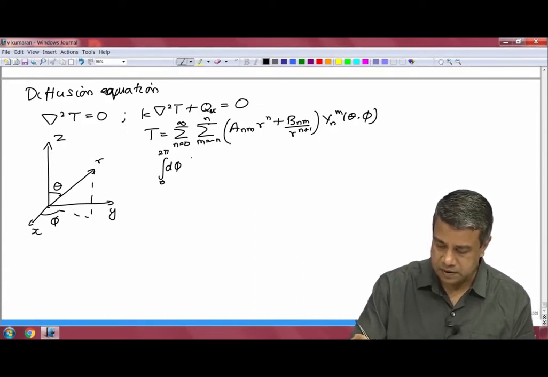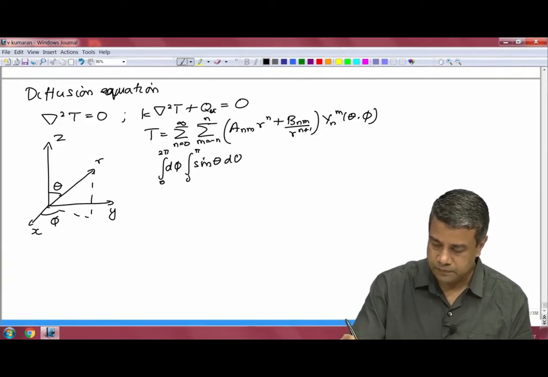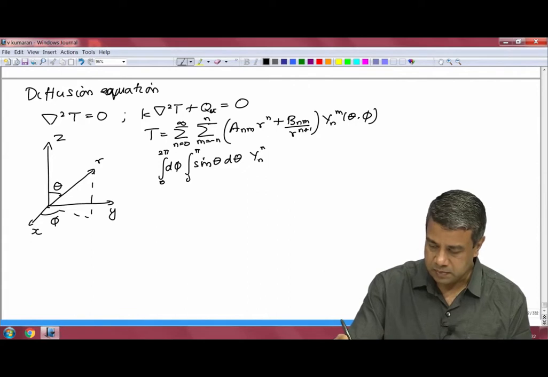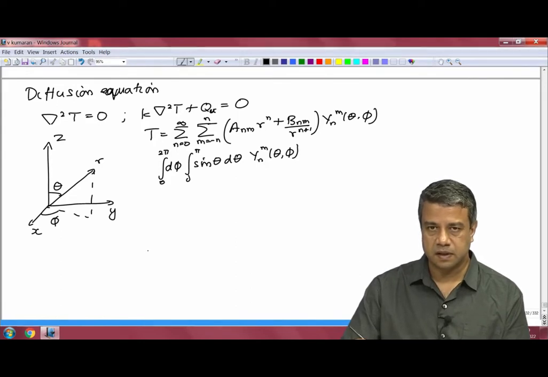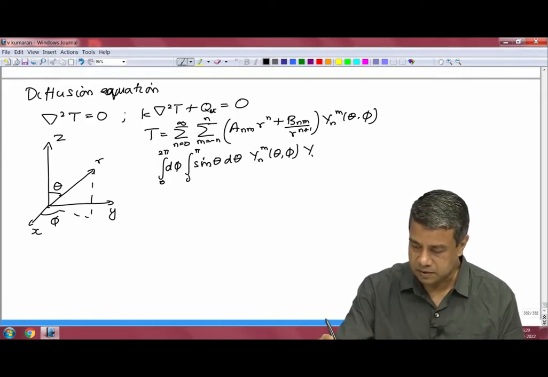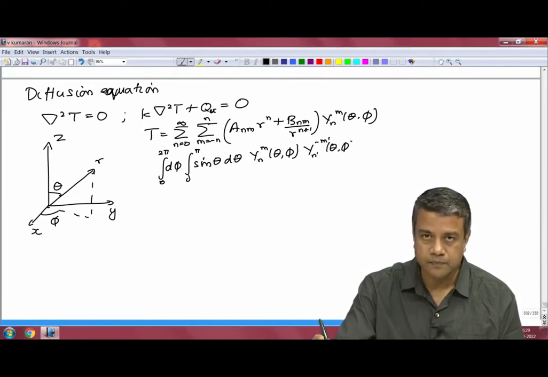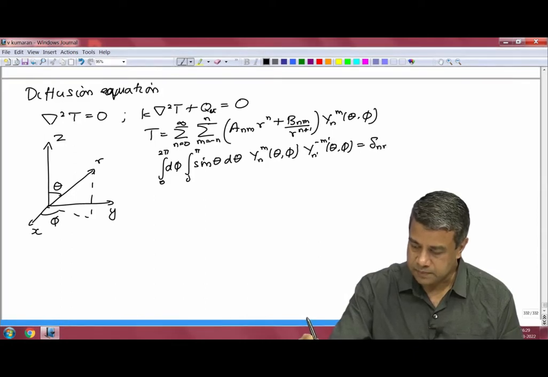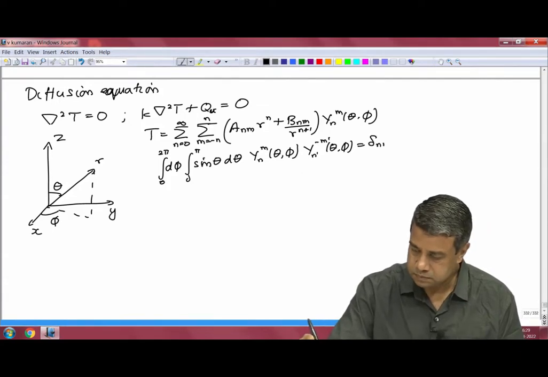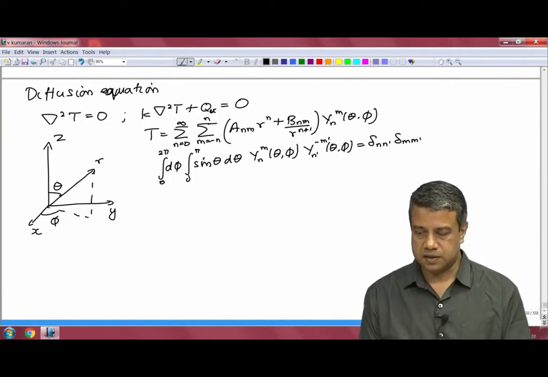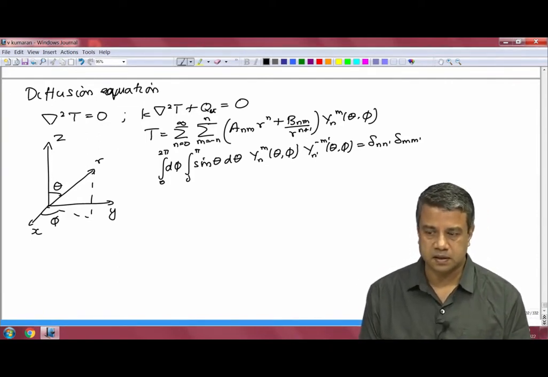They satisfy the orthogonality relation: integral d phi, integral 0 to pi sine theta d theta of Y n m of theta phi times the complex conjugate of the second term, since these are complex, is equal to delta n m, and these are normalized. So this was the spherical harmonic expansion that we had used.